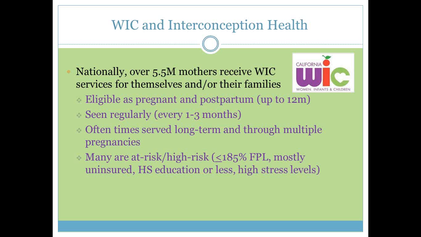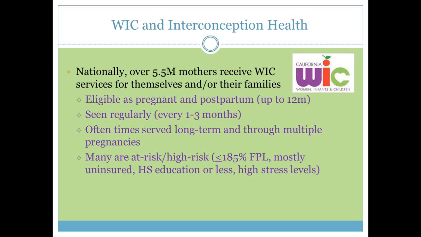Across the nation, there are over 5.5 million women who are participating and connected to the WIC program in some way. Either they are receiving benefits for themselves or for their children. So the beauty of having interconception health at WIC is that we have a real broad reach.